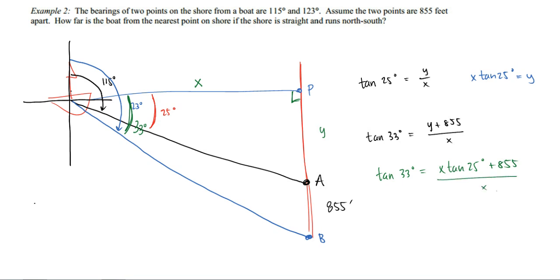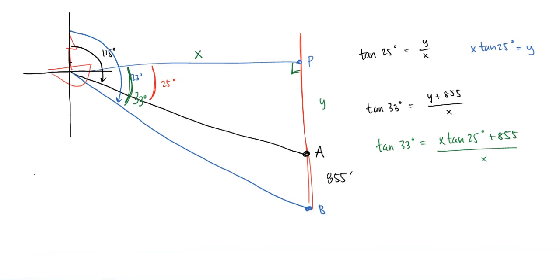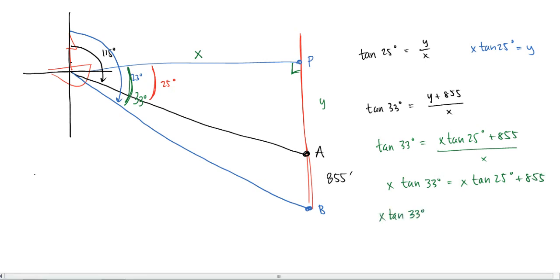Now bad news, we got two x's in this problem, so we're going to have to turn that into 1. So I'm going to multiply both sides by x for a second. And then that way at least we can try to get our x's on the same side. And so now I'll subtract that other one over, and we have x tan 33 minus x tan 25 equals 855.